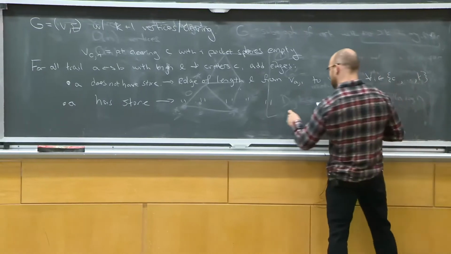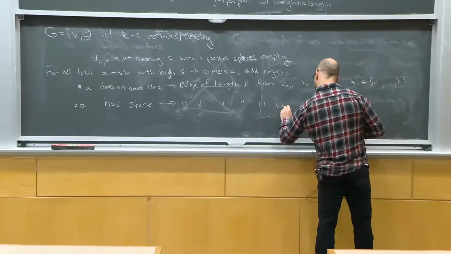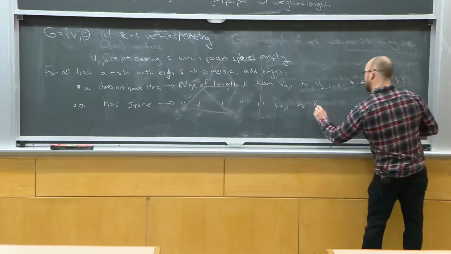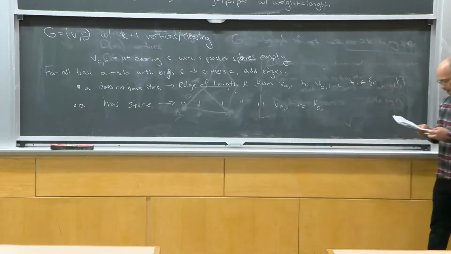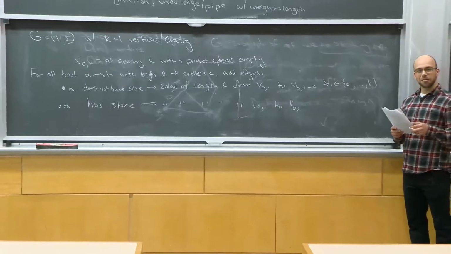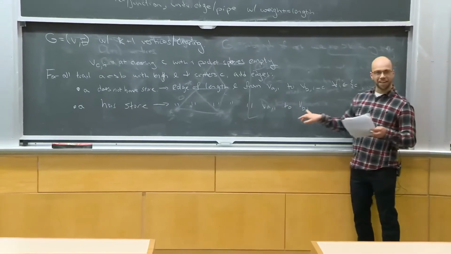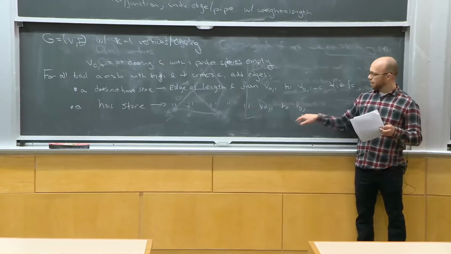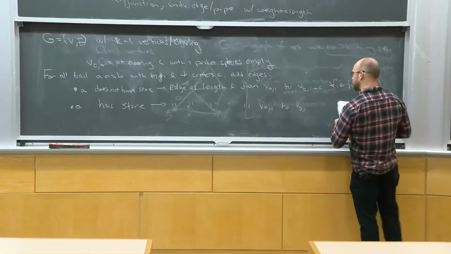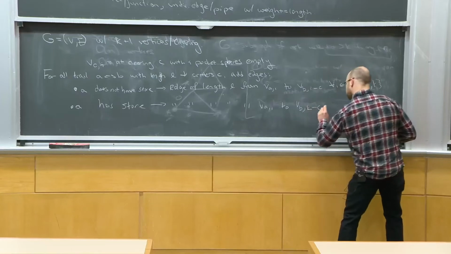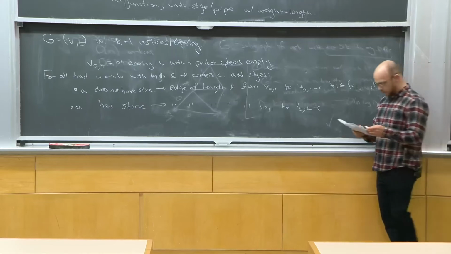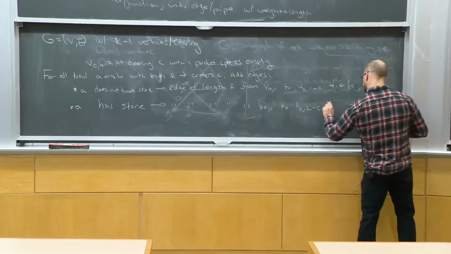So now I'm going to go from V A comma I to V B, and where am I going to end up? Well, how many critters are going to be in my bag? I have a bag of capacity K, and I just traversed the edge from A to B, which contains C critters. So I get V B comma K minus C, like that. And of course, I can do that for all I.